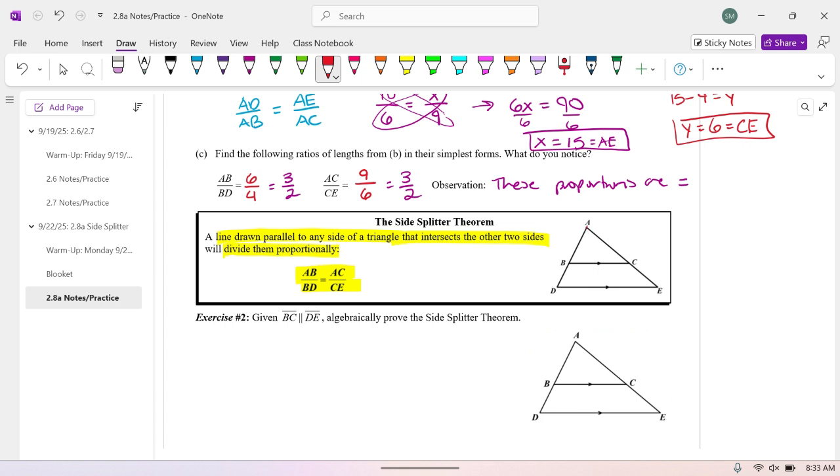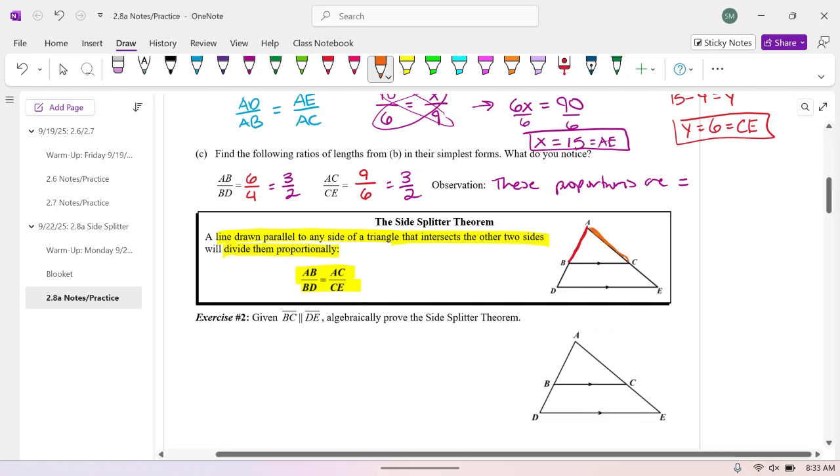So another way to put it is that, let's say, if I just color code these for a second.